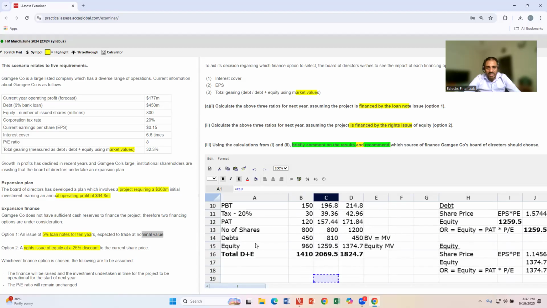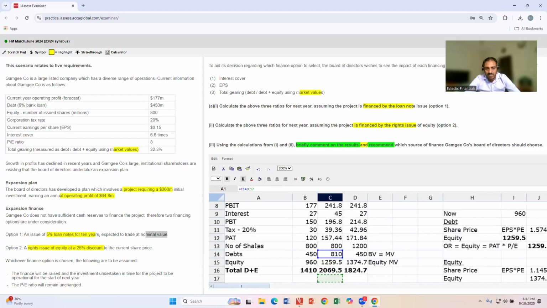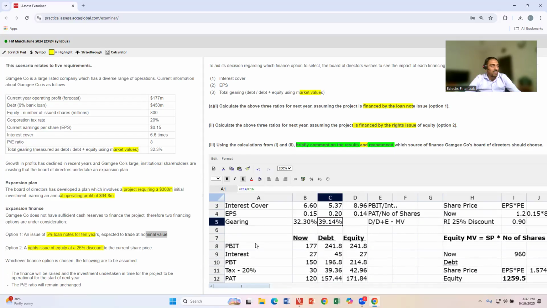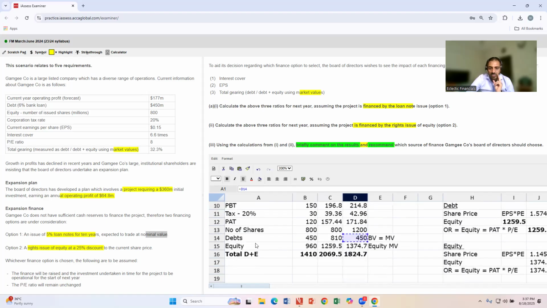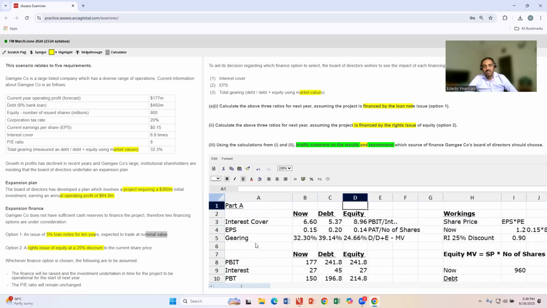Now, debt over equity. Debt divided by equity, 39.14%. Debt 450 divided by equity, this one. That's all. That's the calculation.